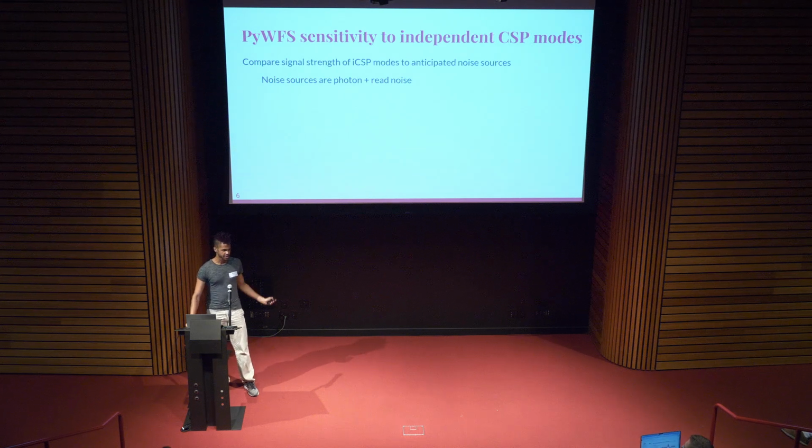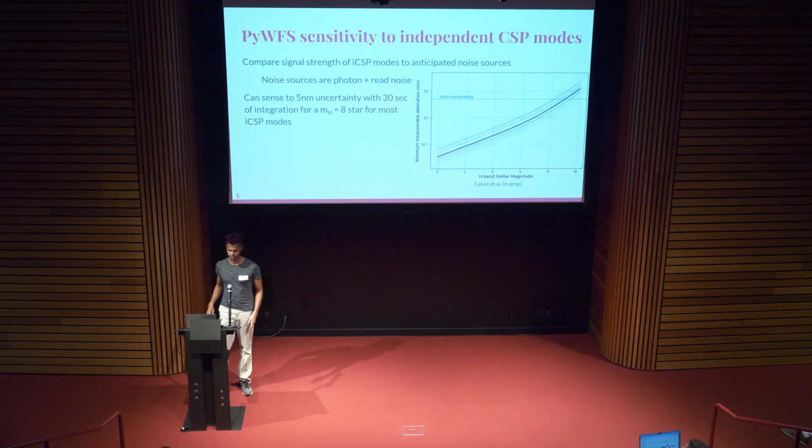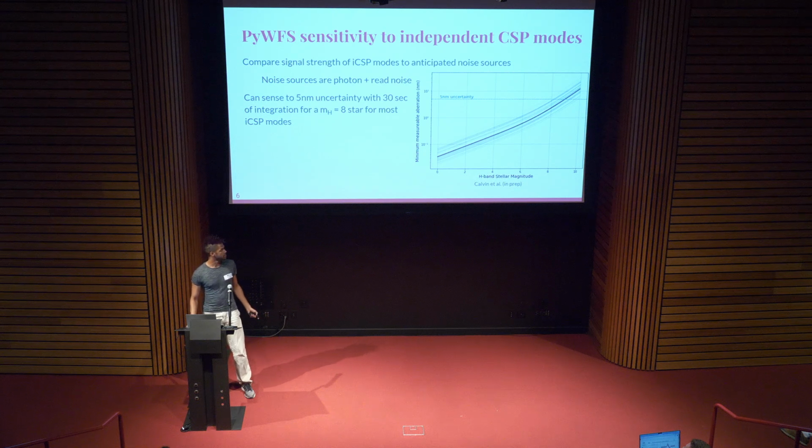And for 30 seconds of integration time on a magnitude 8 star in the H-band, we end up seeing that the vast majority of these independent CSP modes are sensed to below 5 nanometers of uncertainty. I use 5 nanometers as just a benchmark from some of the founding Keck documents for how well the edge sensors perform in general. So this means that we can sense all of our CSP modes in the independent wavefront sensor space rather accurately.